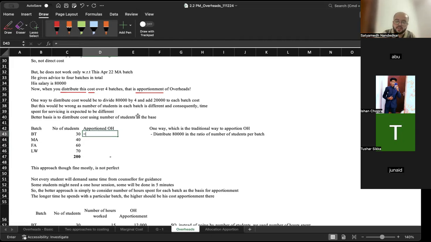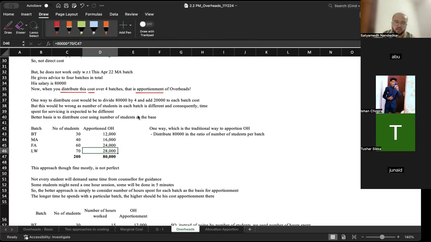So how are overheads apportioned? You have to distribute the 80,000 in the ratio of number of students per batch. 80,000 into 30 upon 200, then 80,000 into 40 upon 200, then 80,000 into 60 upon 200, and 80,000 into 70 upon 200.